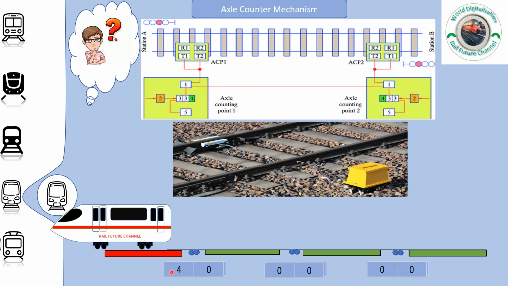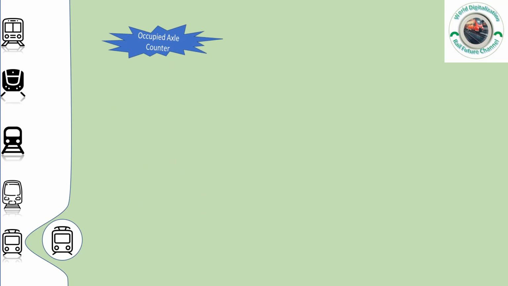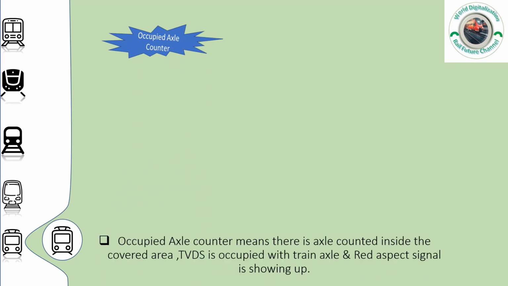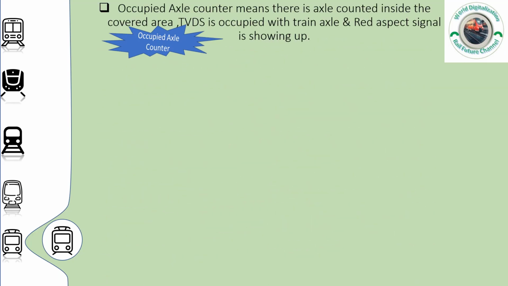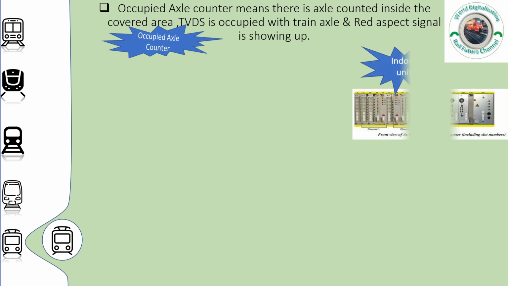The other section here is an occupied section because we have 4 axles in passed over this counting head. Occupied axle counter means that there is an axle counted inside the covered area. TVDS is occupied with train axle and a red aspect signal is showing up.